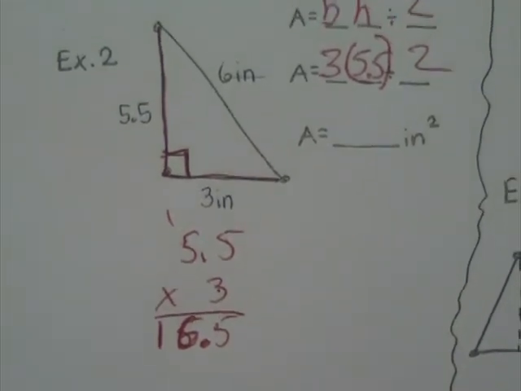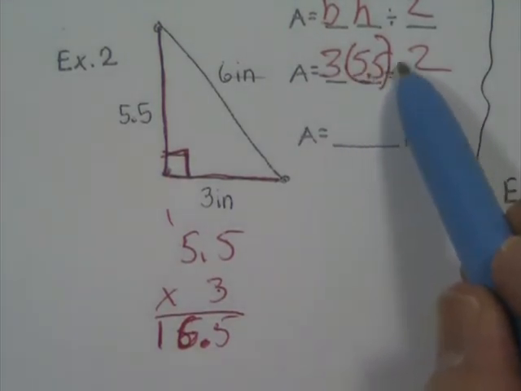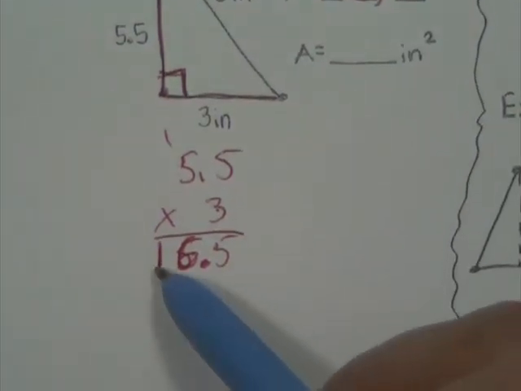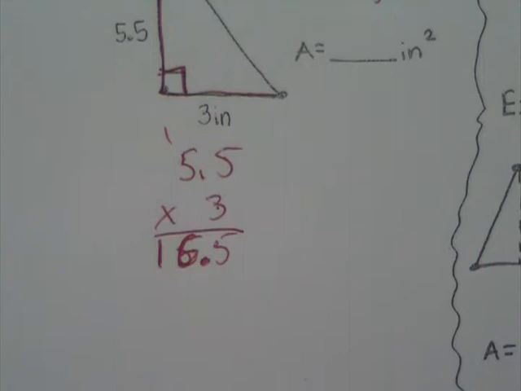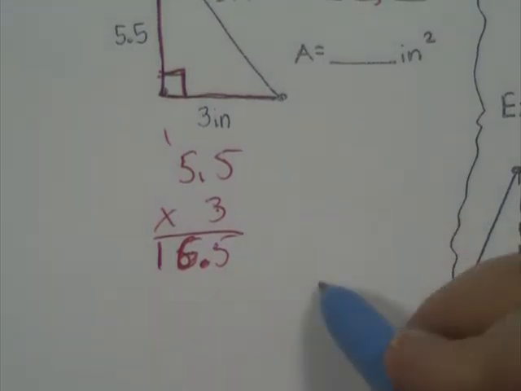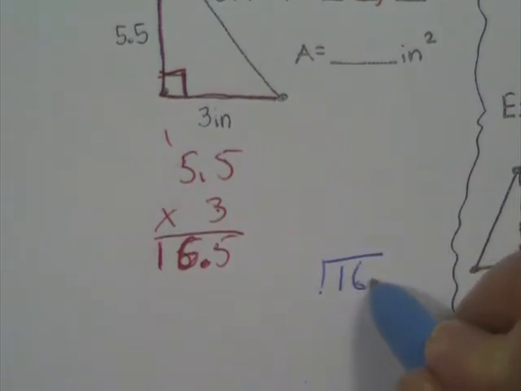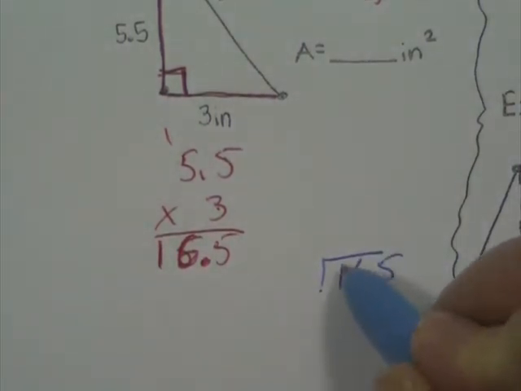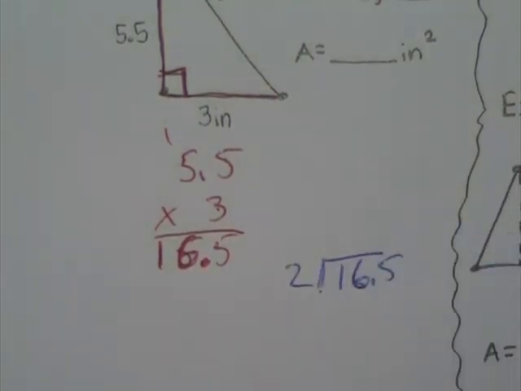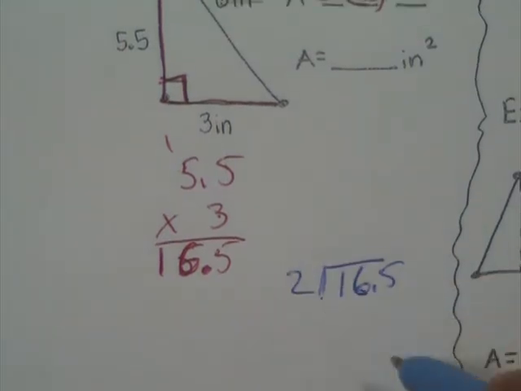16.5, and then I want half of that because I have to take this and divide it by 2. So you want half of 16.5. Now, you could do it this way. You could say 16.5, and how many times does 2 go in there? Here's my shortcut way.